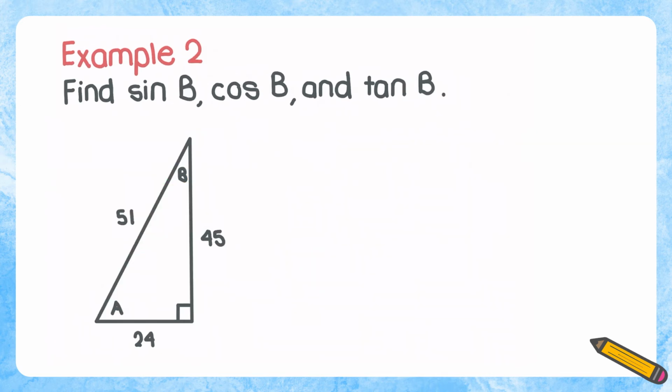For example 2, we're going to find sine of B, cosine of B, and tangent of B of this triangle. So we're going to be standing here at angle B. This side is my hypotenuse across from the right angle.